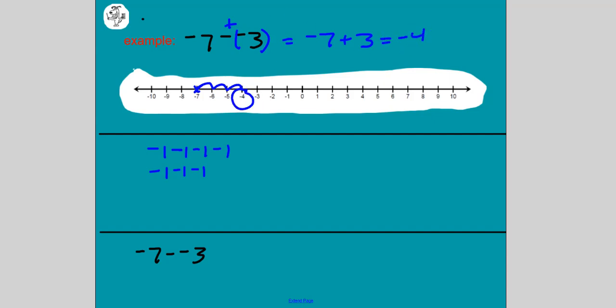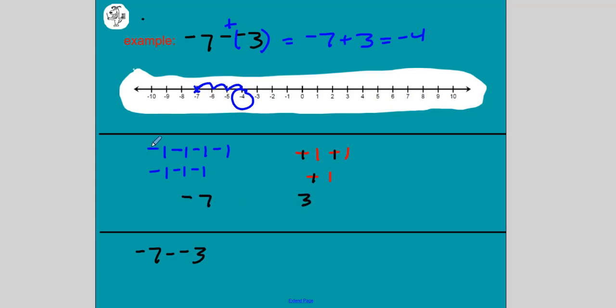Okay, and then in this model here, I have -7, and that's going to be, here's 3 negatives, but I'm taking the opposite of those 3 negatives. So now I have -7 here, 3 here.